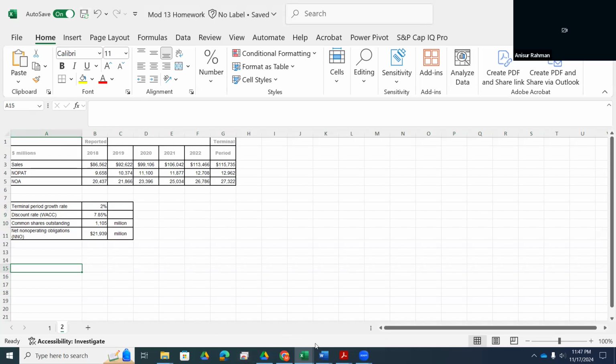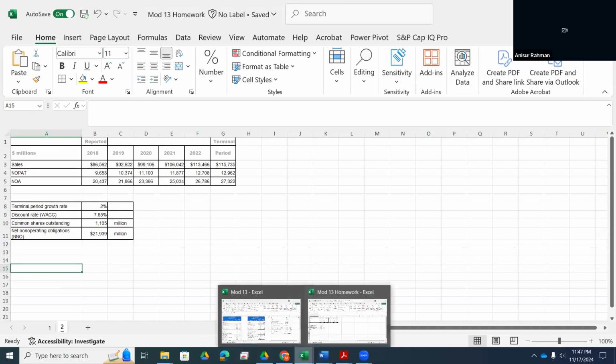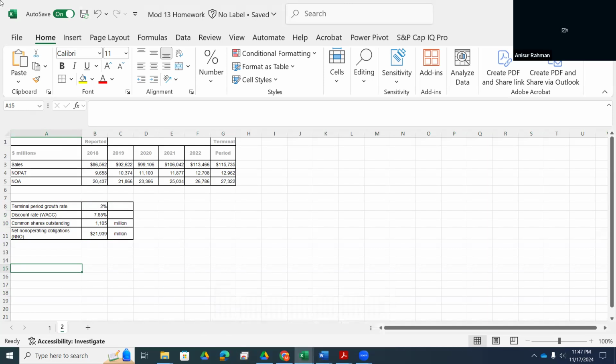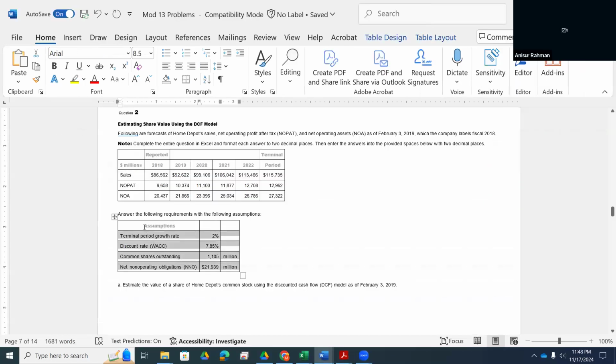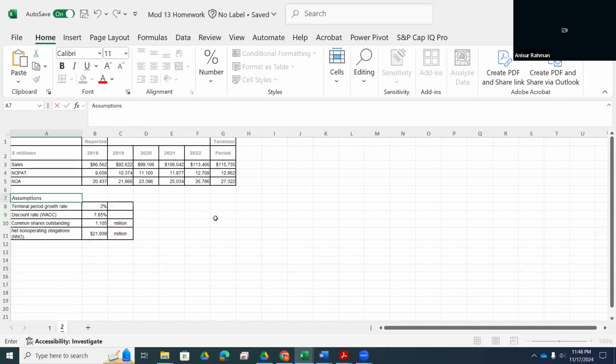So you just have to get used to using the Excel spreadsheet. With practice, you will become very used to it. Now I'm going to write down assumptions here.